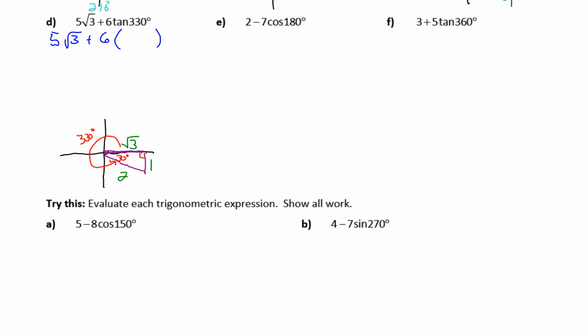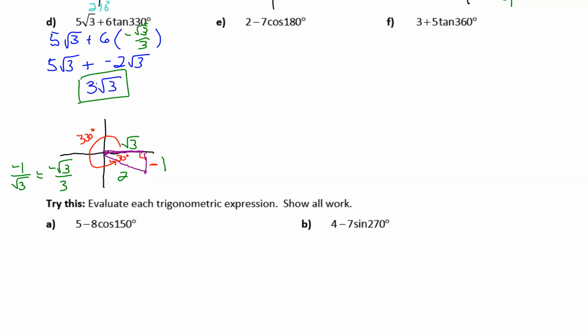In the 30, 60, 90 reference triangle, we need to take care to recognize that the opposite side this time, since it's hanging down, is going to be a negative value. So the tangent of 330 is opposite over adjacent, which should be rationalized as negative square root of 3 over 3. After replacing tangent 330 degrees with that value, we need to multiply and add the like radical terms.